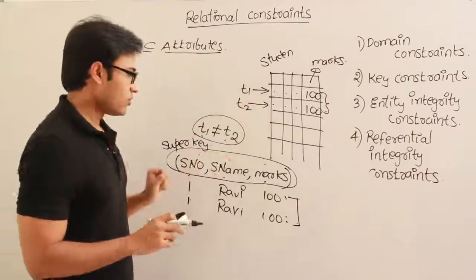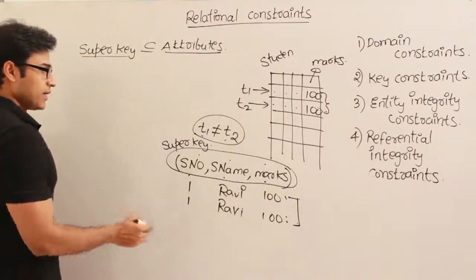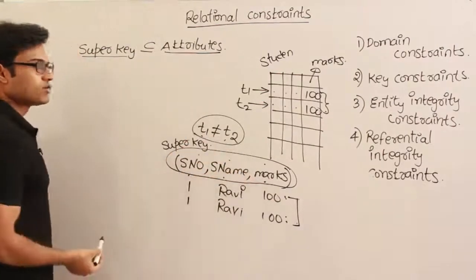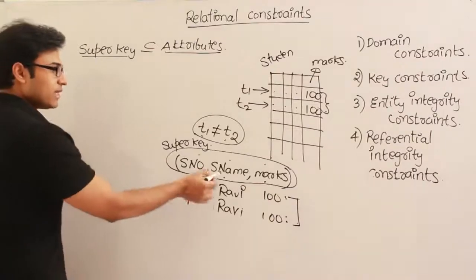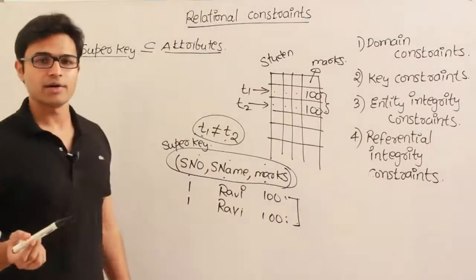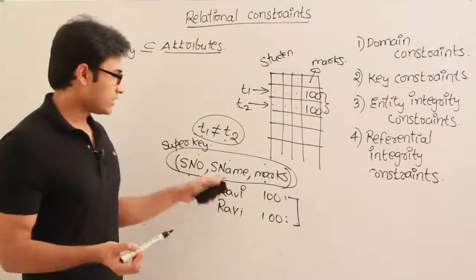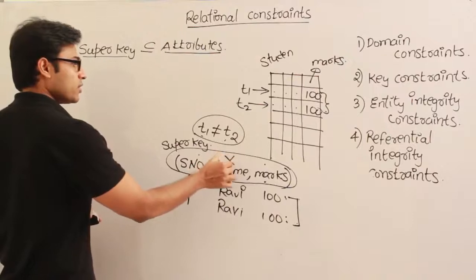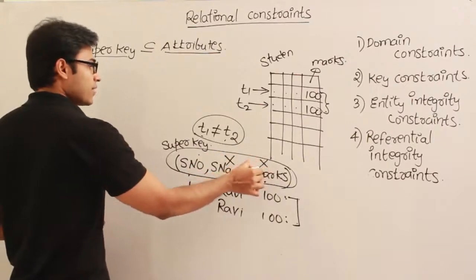Got it? It turns out that sometimes we don't need many of the attributes which are present in the super key. Even after deleting some of the attributes from the super key, we still will be able to identify a tuple uniquely. In this example, you need not have the student name or student marks.